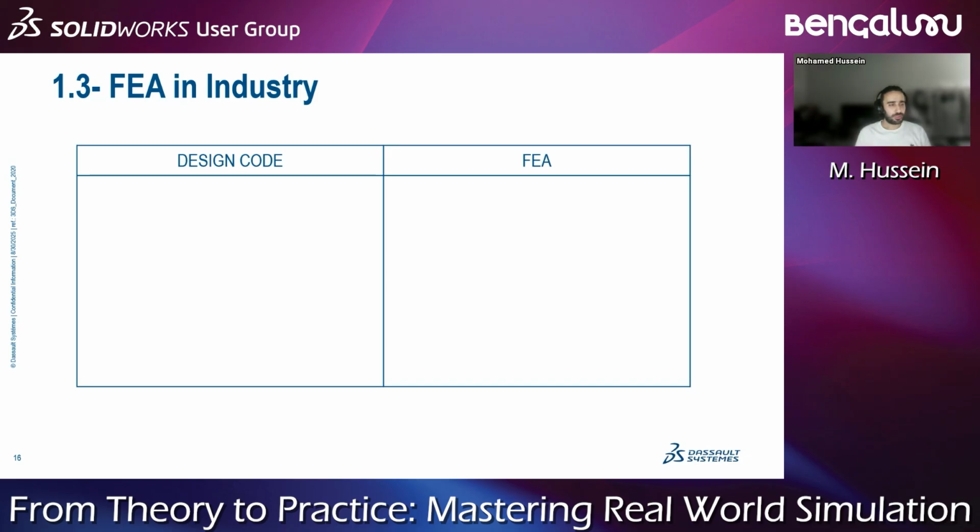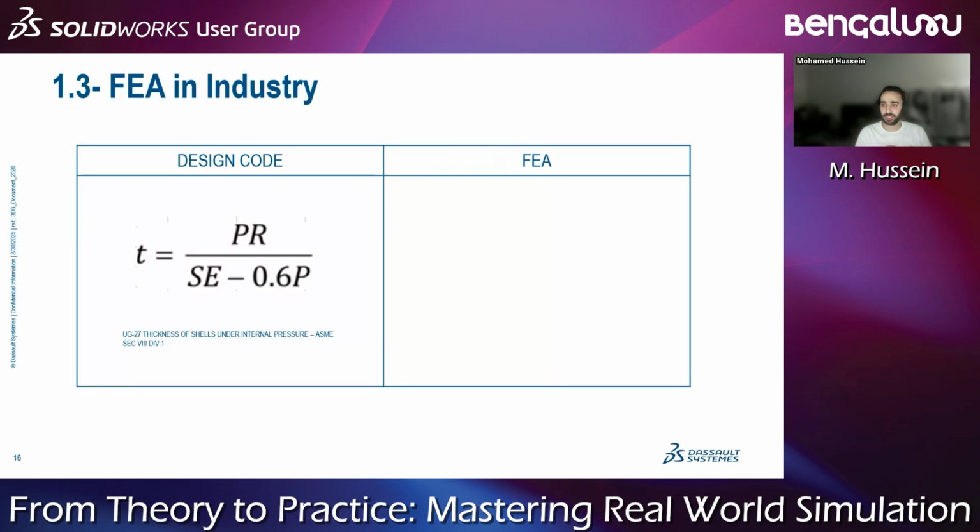Maybe now you are wondering that it's a very limited usage of FEA, but let's check this slide. What the design code can do for you is that, according to some equations, it can give you a yes or no, a pass or fail criteria.